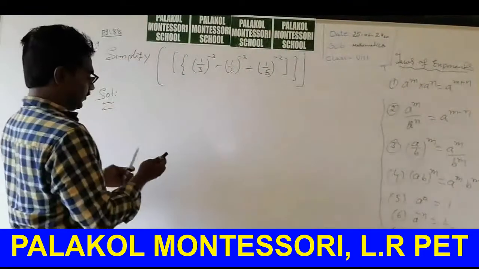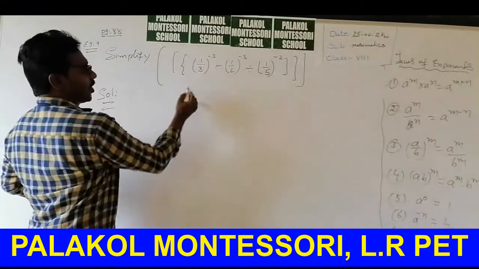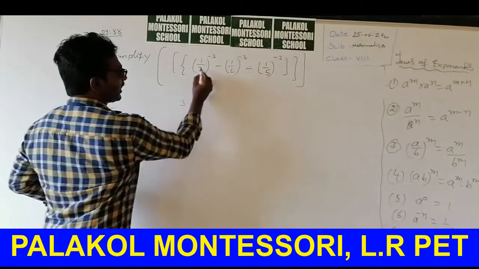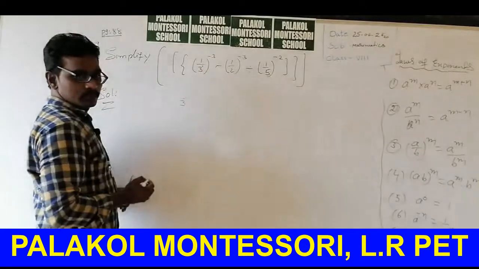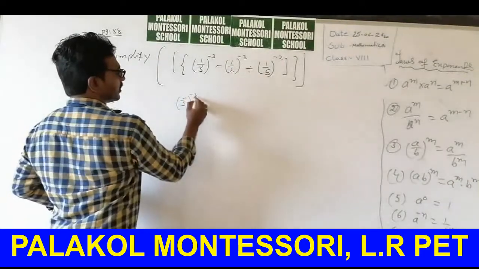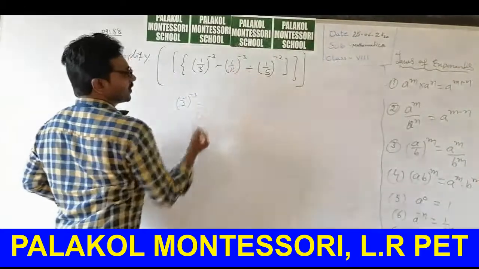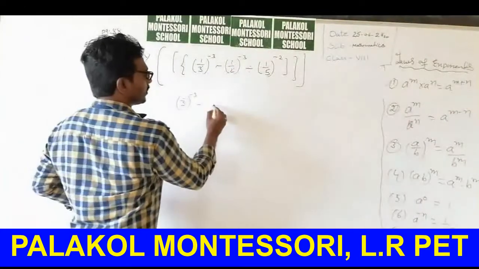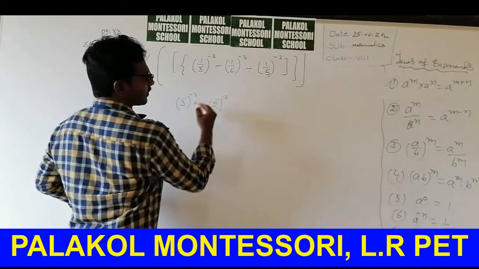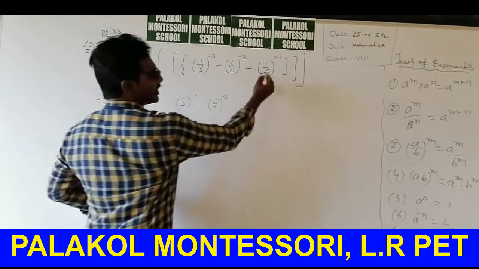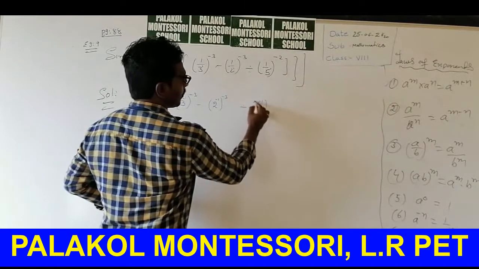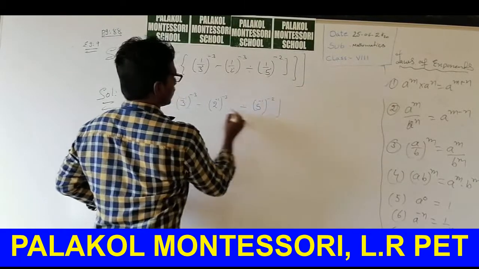See, once again the solution: 1/3 is 3 power of -1. Why? Generally here the power is 1. 3 power of -1 whole power of -3 minus, here generally power 1, so you write 2 power of -1 whole power of -3 divided by 5 power of -1 whole power of -2. Okay guys.